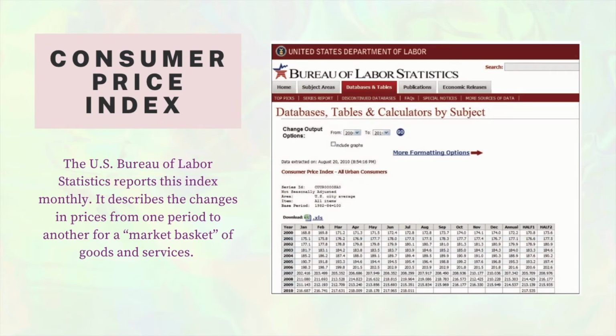There is the Consumer Price Index. The U.S. Bureau of Labor Statistics reports this index monthly. It describes the changes in price from one period to another for a market basket of goods and services. You can access this information by going to www.bls.gov.